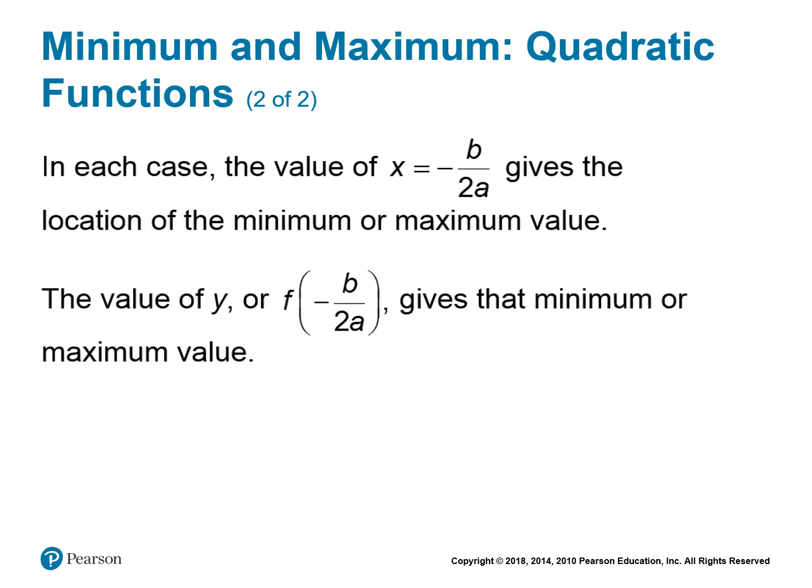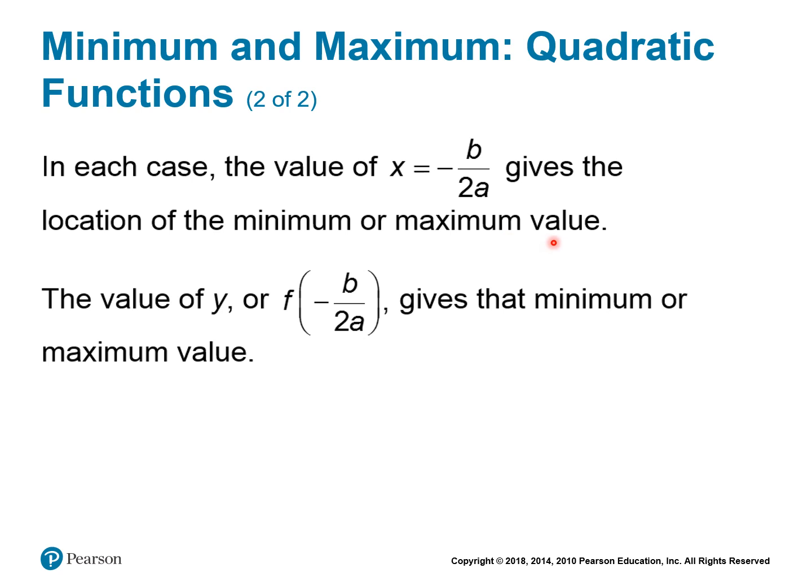Now this slide reiterates what we just discussed in the previous slide about the two questions that can be associated with the minimum and maximum of a quadratic function. The first one is about the location of the minimum or maximum value.